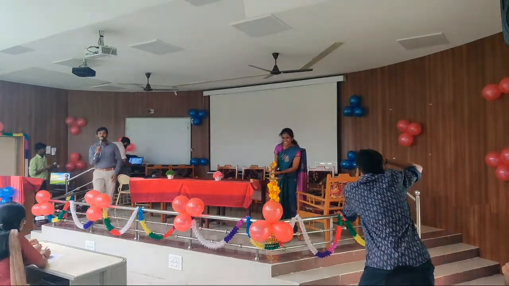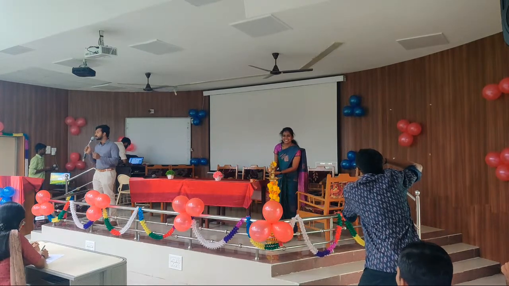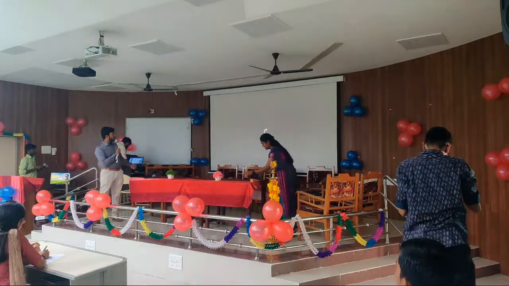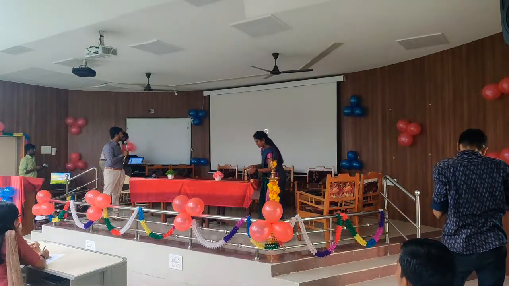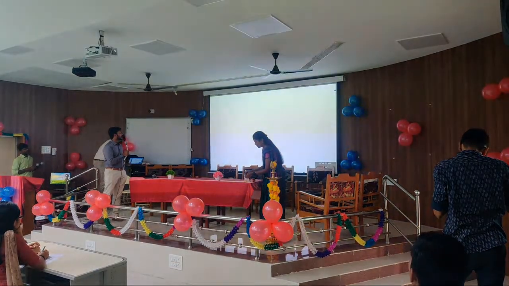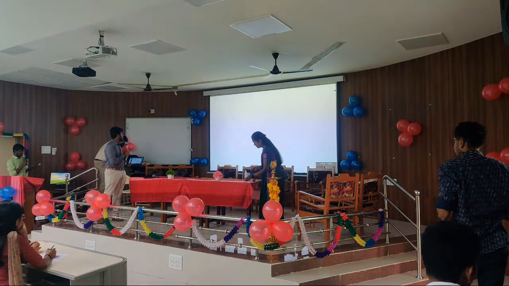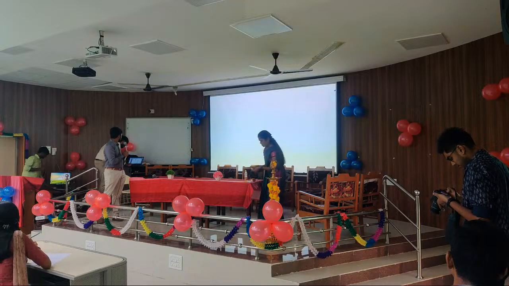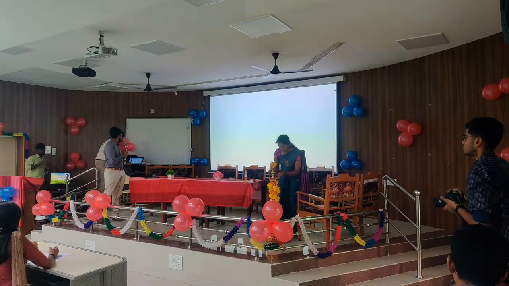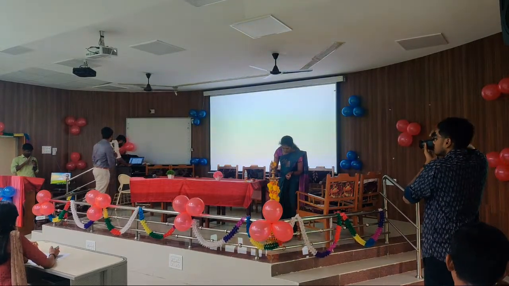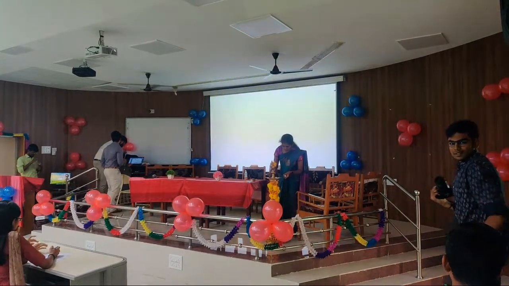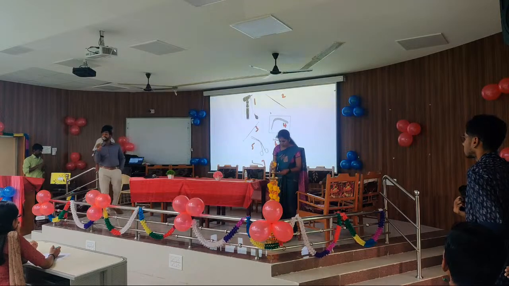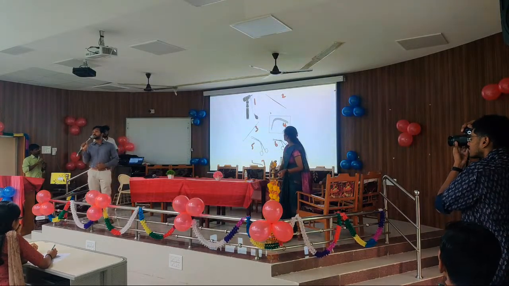So we have given 4 clinical scenarios for the 4 teams, and we have given 8 sets of instruments. So these are the 8 sets of instruments we have given for the teams.